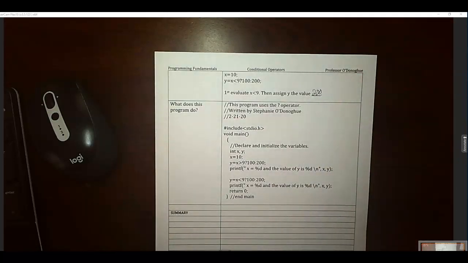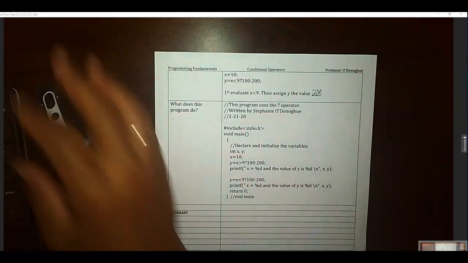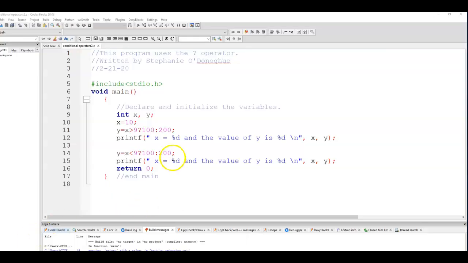All right, let's put this in a program and run the program and make sure that we get the values that we just predicted that we should get. All right, so here's the program that I've written. We're going to declare our two variables as integers. We're going to assign the value of 10 to x, and we're going to use our ternary operator.